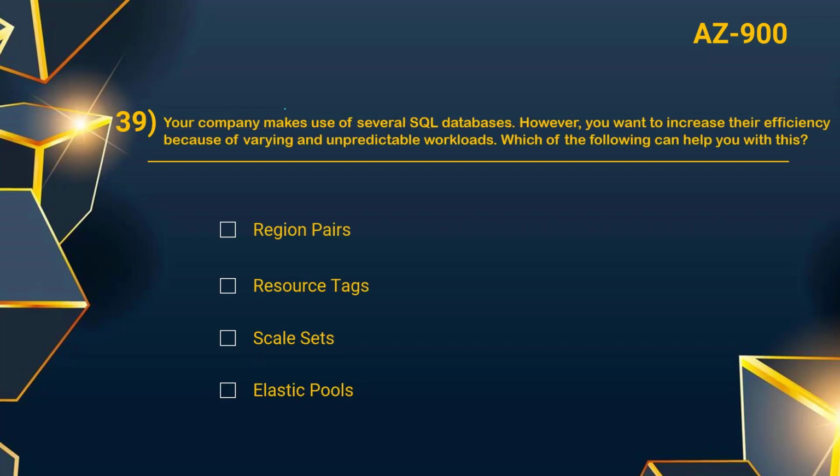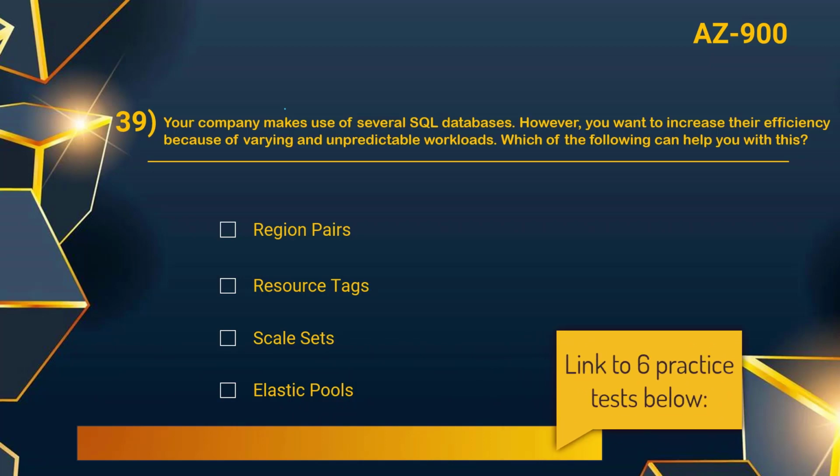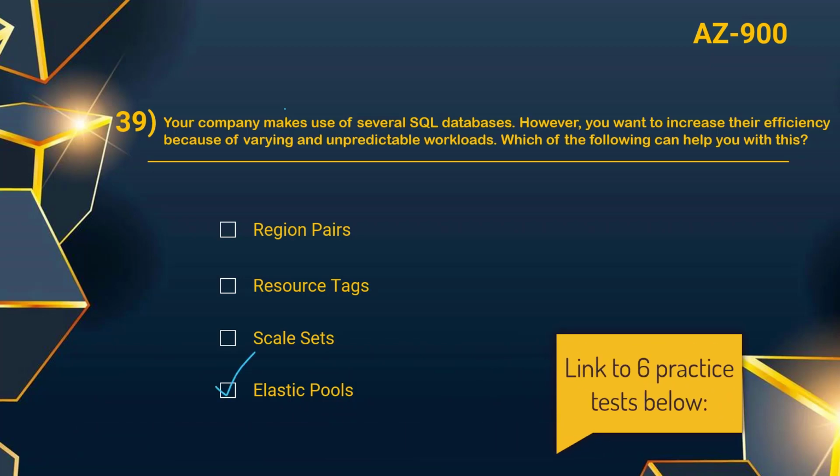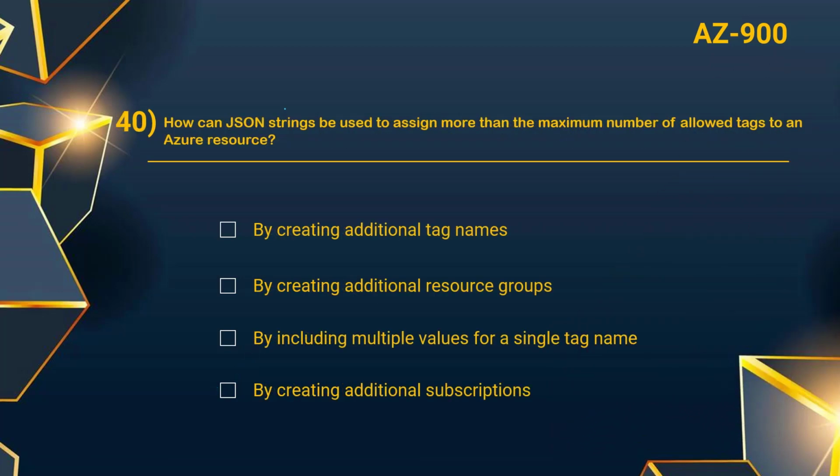Your company makes use of several SQL databases. However, you want to increase their efficiency because of varying and unpredictable workloads. Which of the following can help you with this? How can JSON strings be used to assign more than the maximum number of allowed tags to an Azure resource?